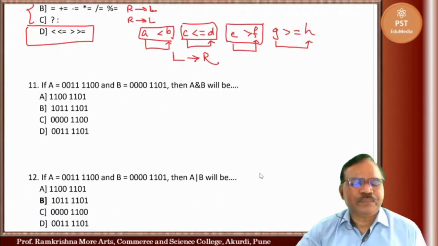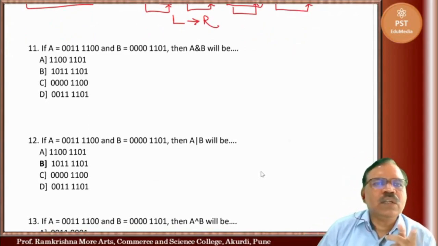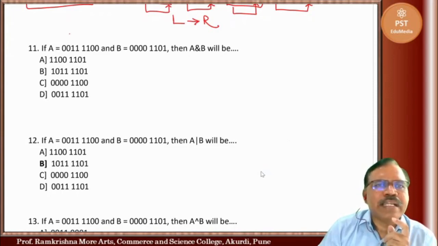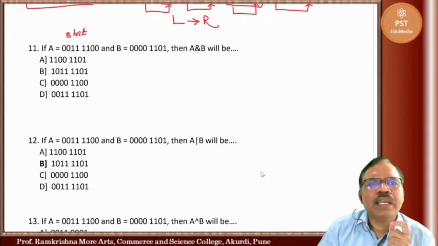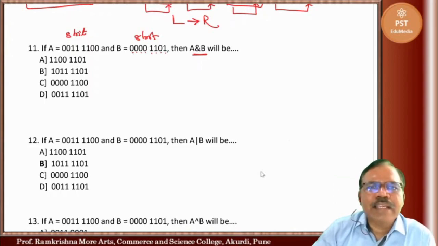Now next one, if A equal to 0 0 1 1 1 1 0 0, here 8-bit binary. A is 8-bit binary. B is also 8-bit binary. B is 0 0 0 0 1 1 0 1. Then we have to find A and B. Now what is AND here?